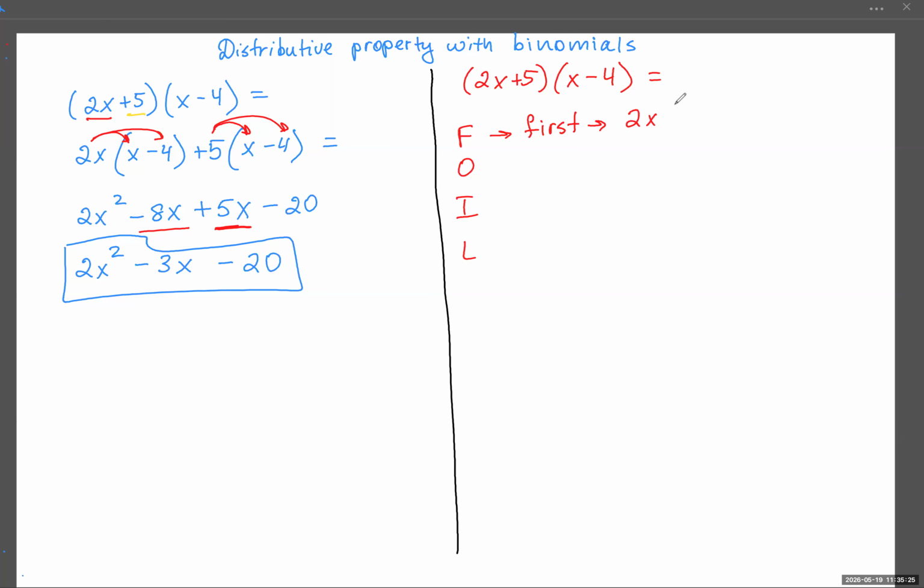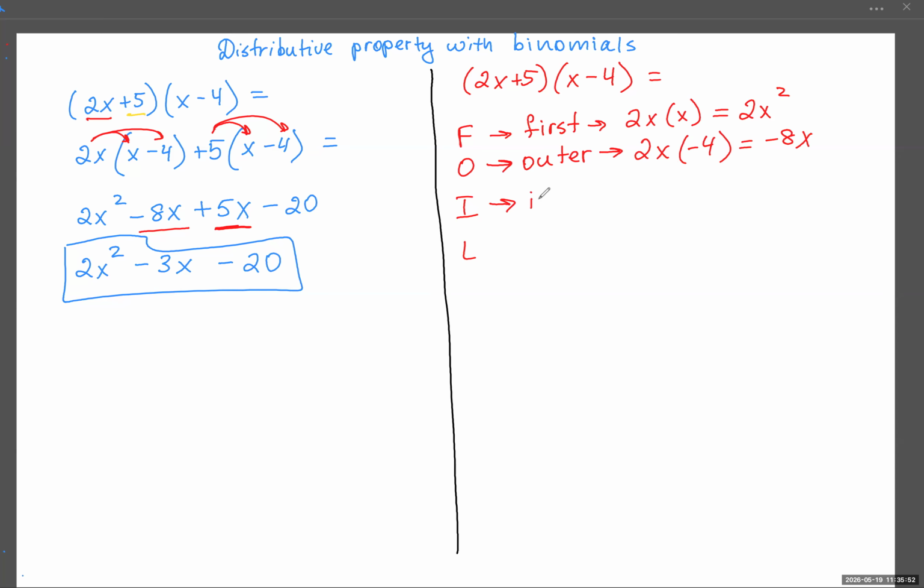So 2x will be multiplied by x. You will get 2x squared. The O stands for outer terms. The outer terms for us, so the outer ones on the parentheses, would be 2x and -4. So 2x times -4, that is -8x.